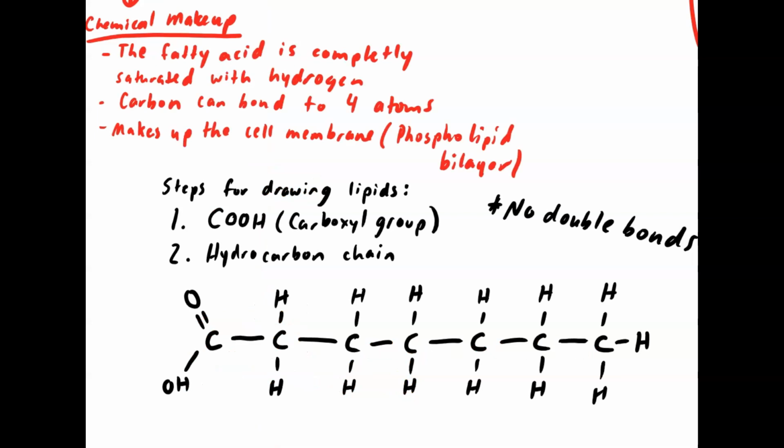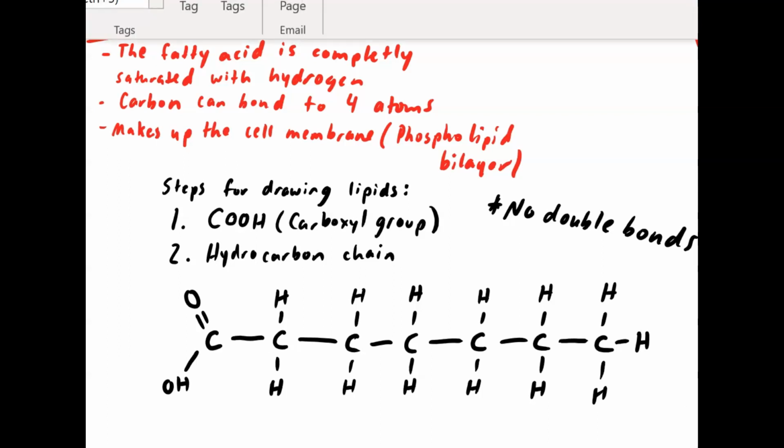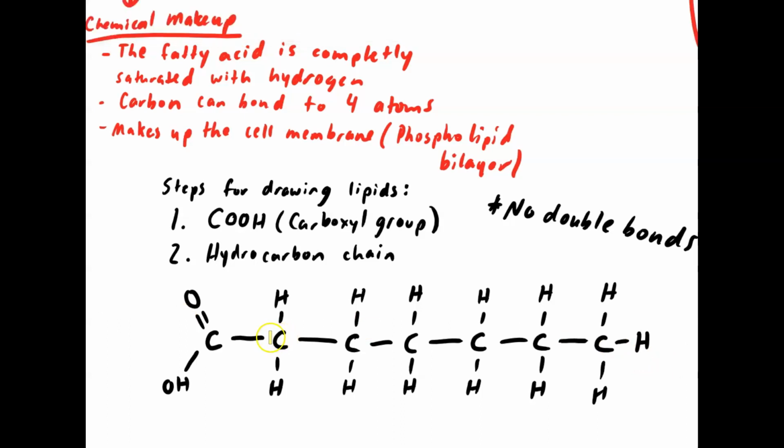From a chemical perspective, we're going to see that these saturated fats are completely saturated. That's why we call them saturated fats. What that simply means is that every carbon in the carbon chain is saturated with a hydrogen all the way around it.